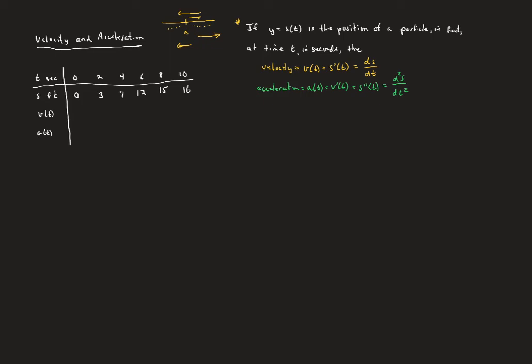Now, when we look at this table, I have some t values and some position values. You can't assume, unless there's other information given, what happens in between these two time values. Now, if it is position, it can't be too wild and crazy. It probably has to be continuous if we're going to talk about position.